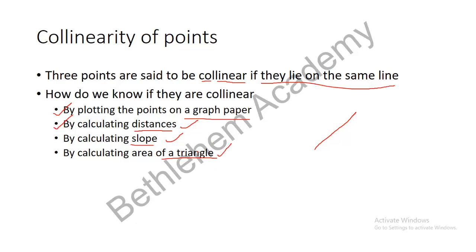Calculating the area of the triangle may not be known to students studying below grade 10, but both the distance formula and the slope method, they should be aware of.